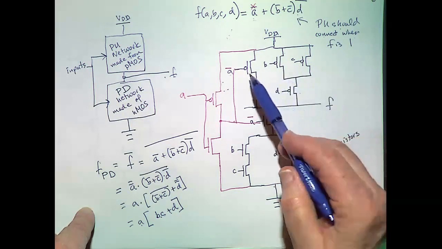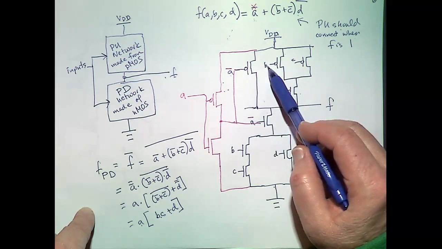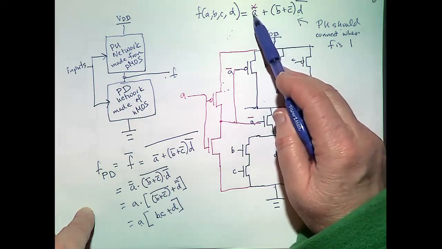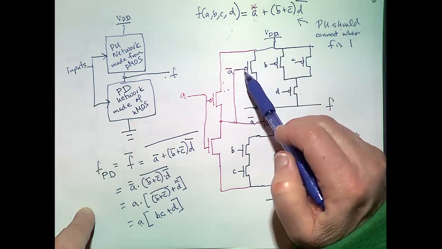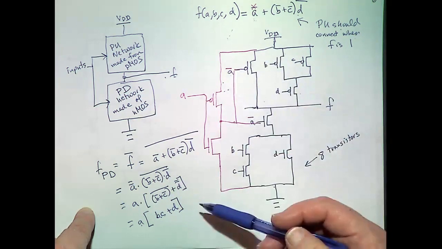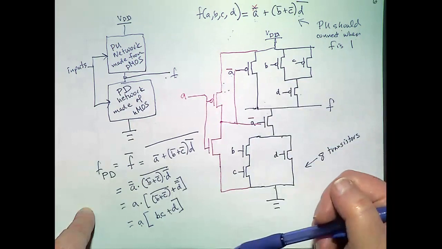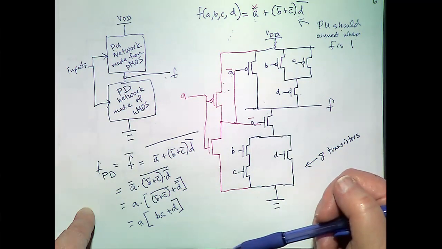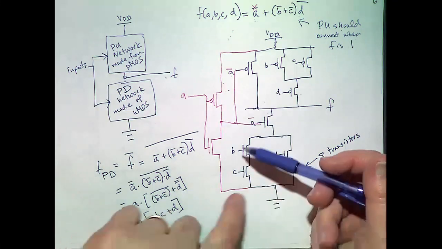Now, because these are PMOS, they are on when the gate input is low. So if you have an inverter here, you're very happy because you can just connect A directly, because this will conduct when A bar is 1, or A is 0.